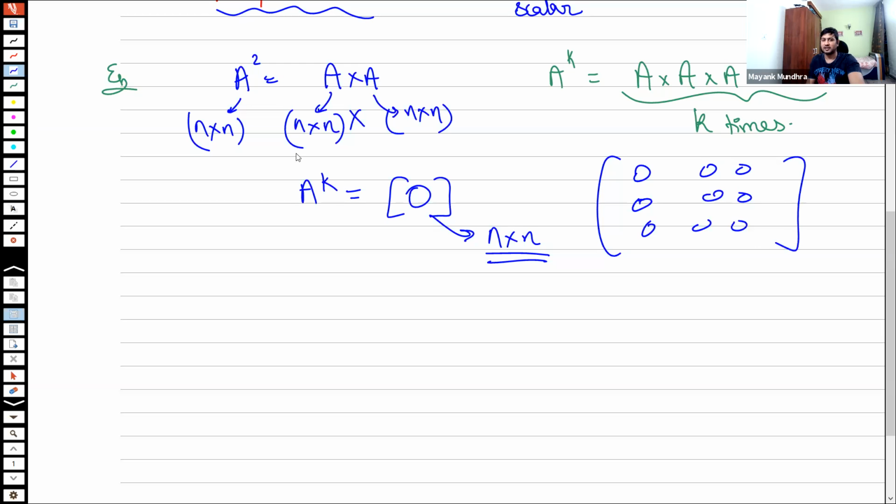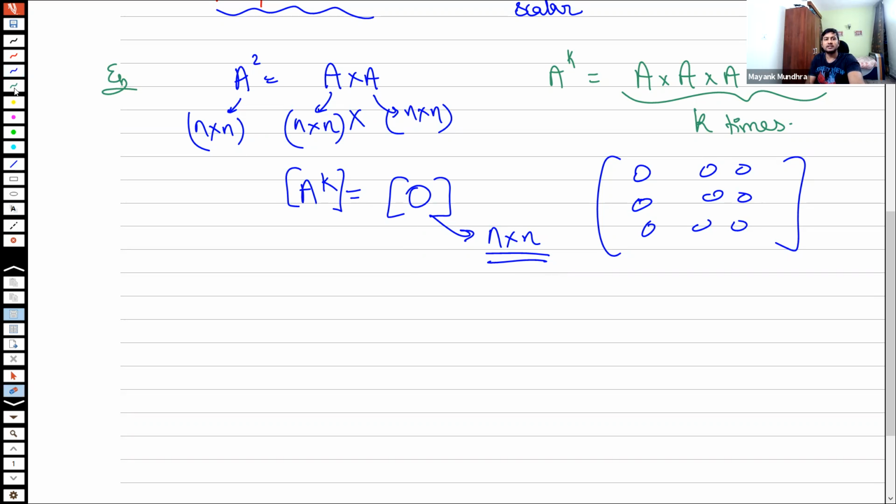A to the power k is still a matrix. Determinant A is a scalar. A to the power k is still an n cross n matrix. So when I write A to the power k equals 0, it does not mean that it's equal to the scalar value 0. It means that it's equal to the matrix of zeros, n cross n.